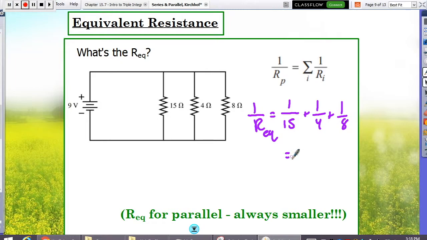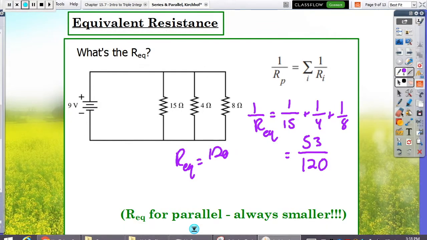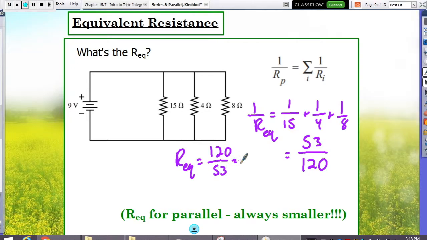My calculator tells me that this is equal to 53 over 120, but that is not my final answer because I still have to invert it. My final answer for Req is in fact the reciprocal of that, which is 120 over 53, which is about 2.26 ohms. And you might notice that that Req is smaller.